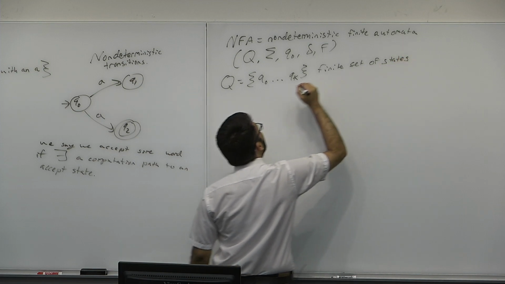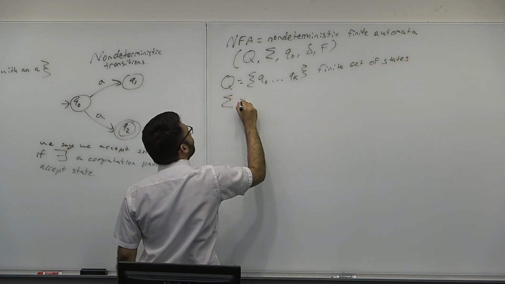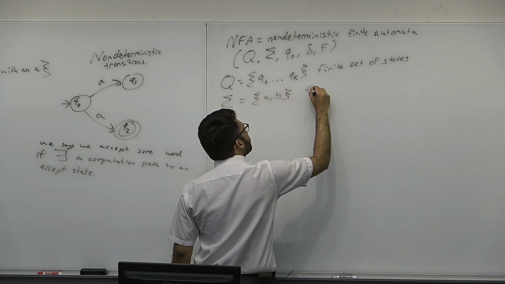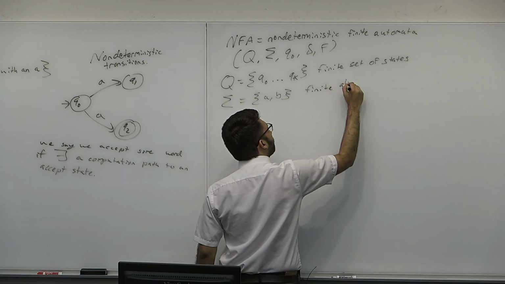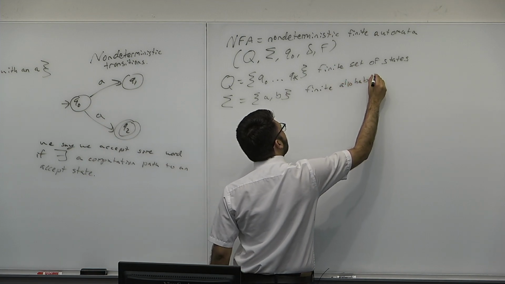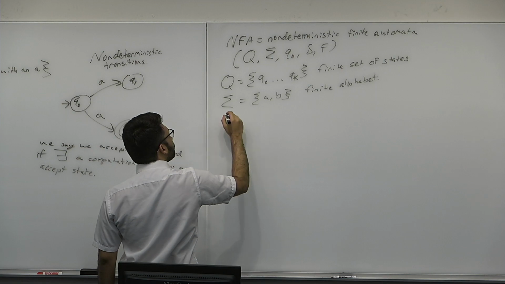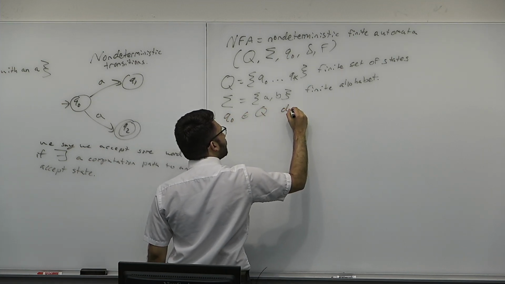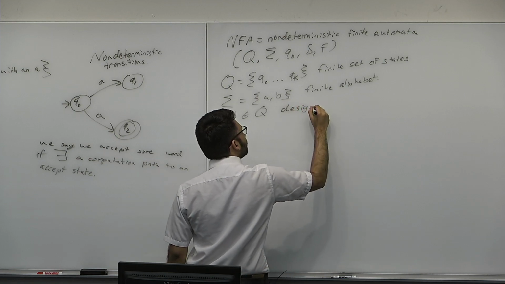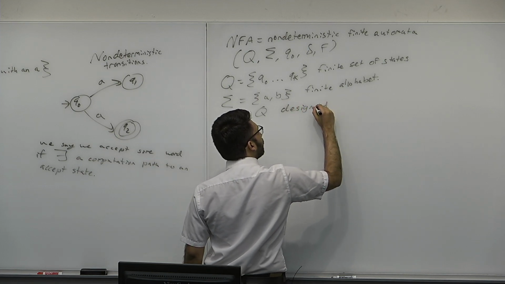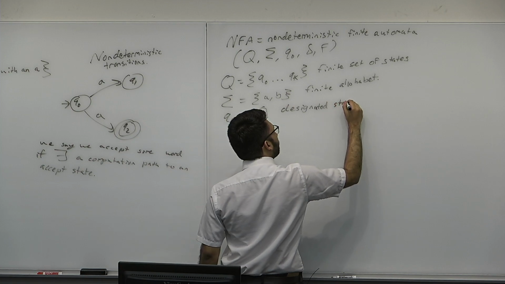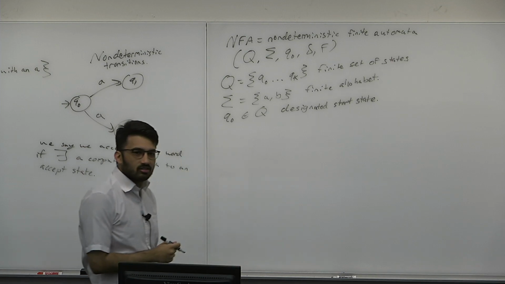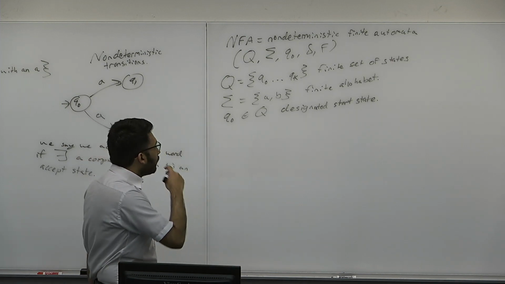Sigma is maybe A, B. For us, it's usually A, B. It's a finite alphabet. Q0 is an element of Q, and it's the designated start state. It's not too special. You just have to start somewhere, so we just say that's the start.